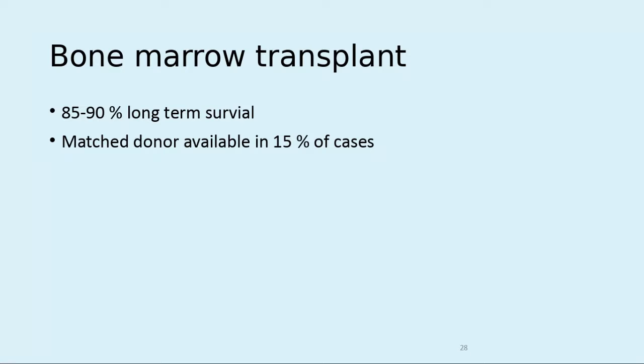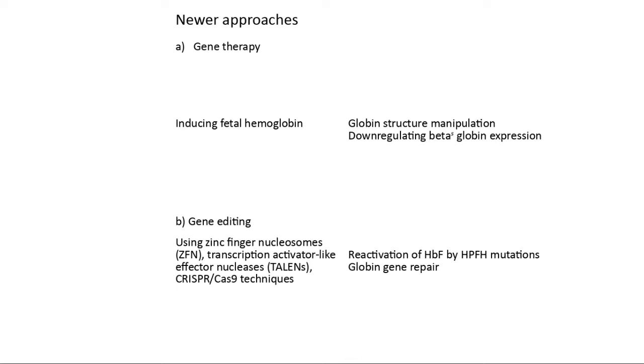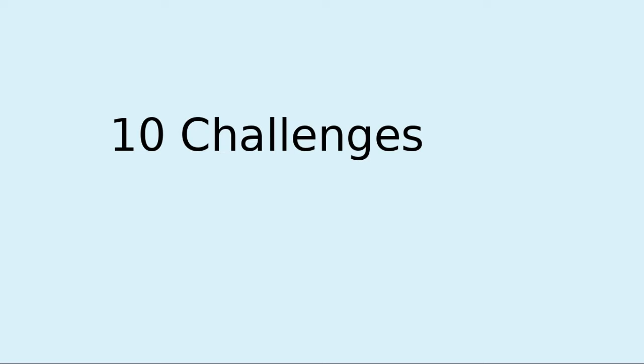One has to be very careful in selecting the candidates for transplant because of the known complications. A newer approach includes gene therapy or inducing fetal hemoglobin, and this globin structure manipulation downregulates the beta globin gene expression. And of course, gene editing procedures using zinc finger nucleases are another possibility in the pipeline.